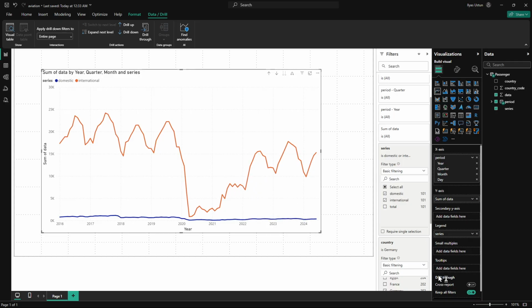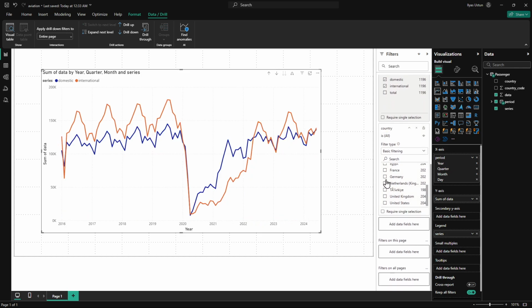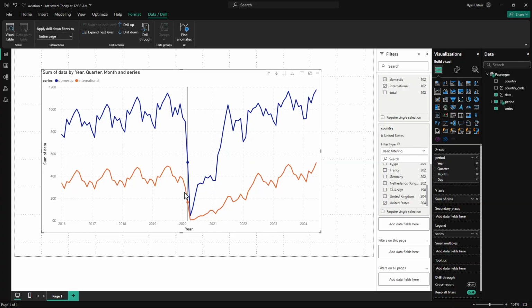So this is the total among all the countries right now. For example, if you look at United States, United States has much more domestic flights compared to international. This pattern though is very interesting too.